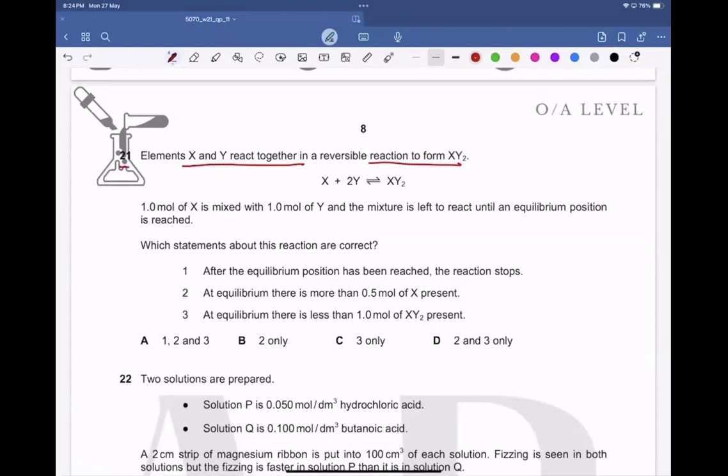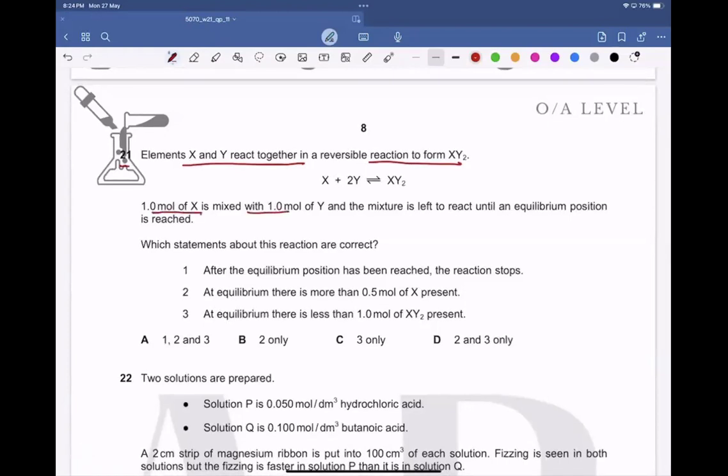Okay, sorry. So 1 mole of X is mixed with 1 mole of Y, and the mixture is left until an equilibrium position is reached. Which statements about this reaction are correct? After the equilibrium position has been reached, the reaction stops. No, the reaction does not stop. The reaction always continues to happen. So statement 1 is wrong, so A goes wrong.